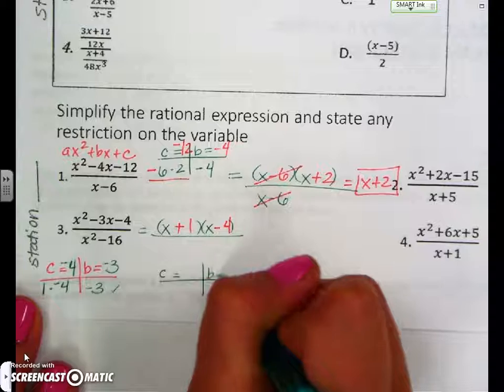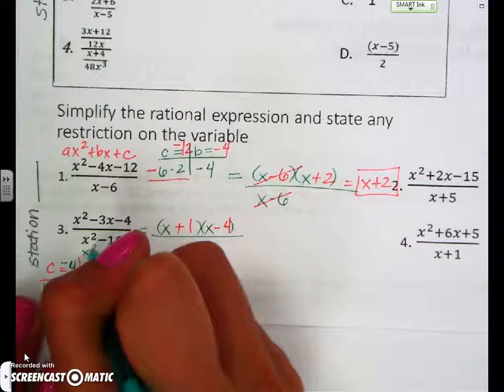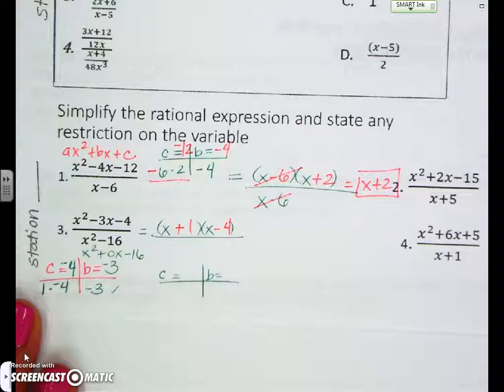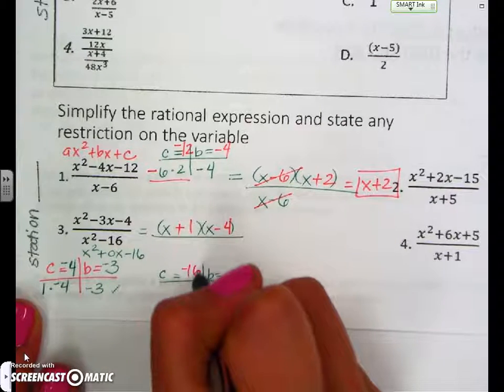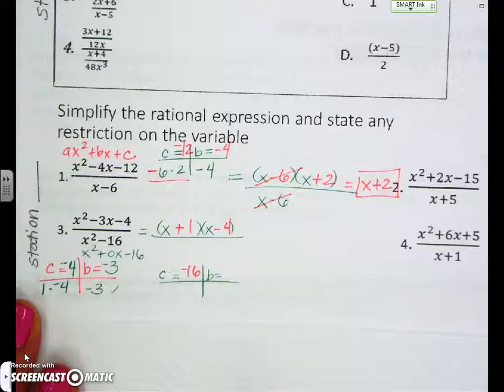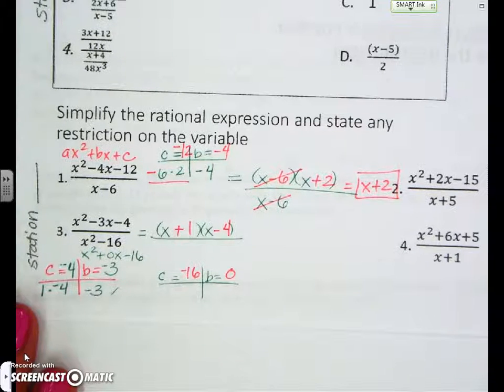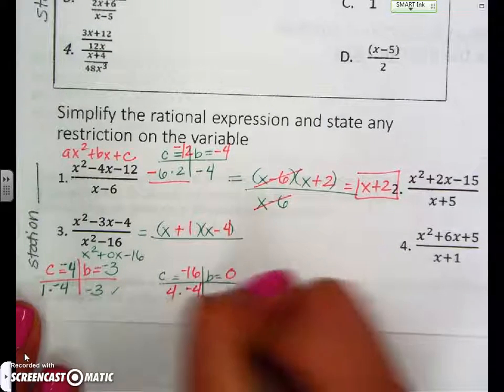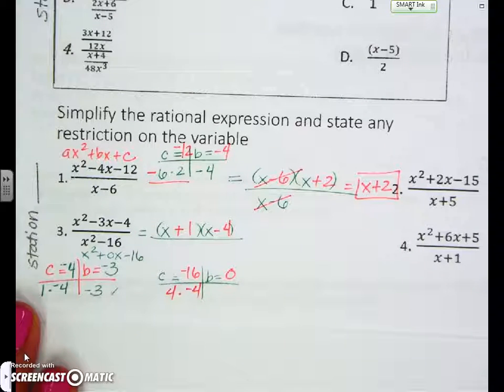Okay, the bottom one, this one's a little bit tricky because you haven't seen one that looks like this, okay? This is actually x squared plus 0x minus 16. There's no b in the middle, right? So what is my c value? Yeah, -16, and my b? It would be 0. Okay, so what two numbers can I multiply together to get -16 that add up to 0? 4 times -4 gives you -16.